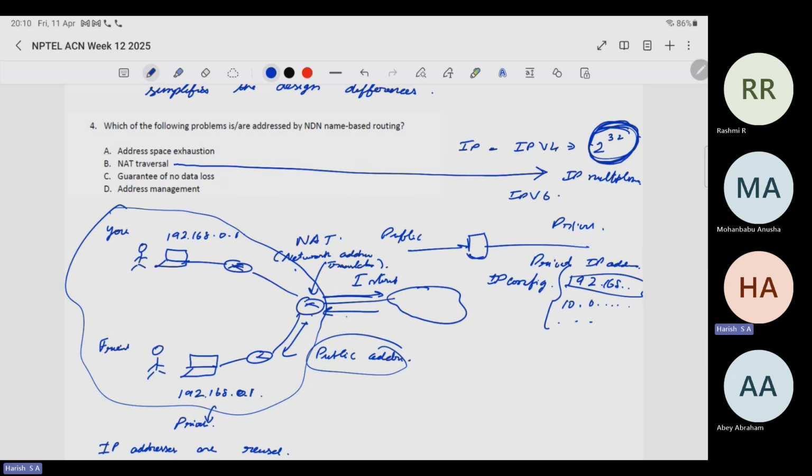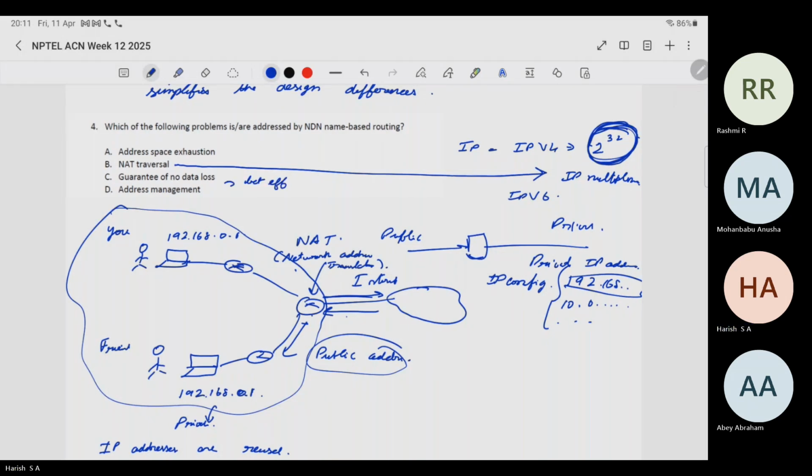And the third one is guarantee of no data loss. Data loss could happen. Why does data loss happen? It happens because of best effort. We just saw that above in a question. And address management.